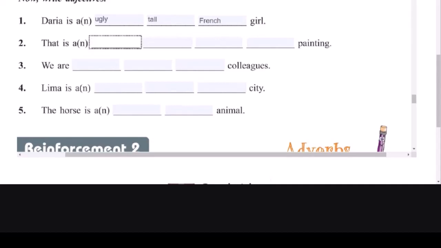That is amazing. So it's possible to do. It's an adjective. It's an opinion. Yes, an amazing. Amazing, large, broken.